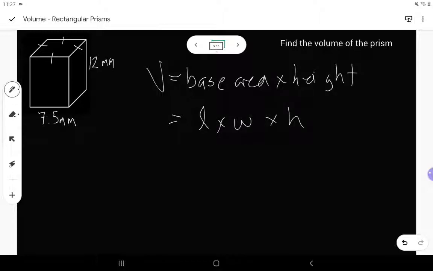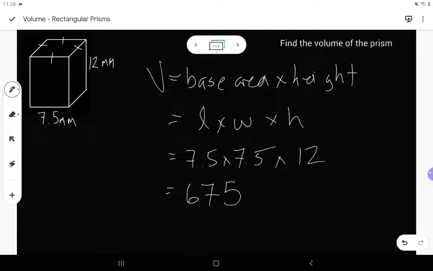And we're going to multiply by the height. The length and the width here both happen to be 7.5. So we'll go 7.5 times 7.5 times 12. 7.5 times 7.5 is 56.25, and we multiply by 12. And that gives us 675. Our units here are millimeters, so we'll throw millimeters cubed.